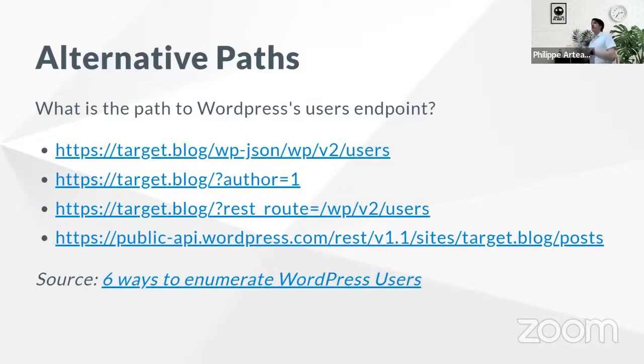Alternatively, even with some plugin installed, the information can be accessible elsewhere. If you have a WordPress.com website, it might not be accessible directly through the users endpoint, but with the Jetpack plugin that is enabled by default, your user list will also be accessible through this route. There are also some other alternatives explained in this article, but they use some techniques that I'll explain later.